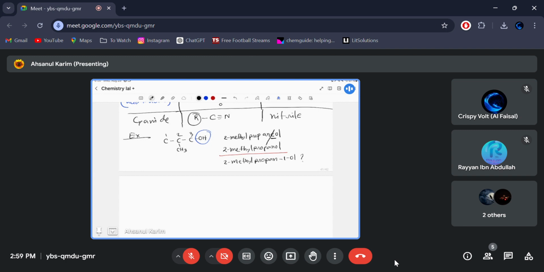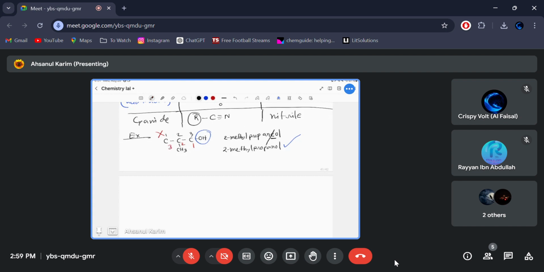Okay, here is the thing. This naming is correct, but still there is a problem. Find it. There is no issue with the naming. Now here is the most important thing. Always remember the functional group has the highest priority, always. So this numbering is not correct. Numbering should be 1, 2, 3. Understandable?